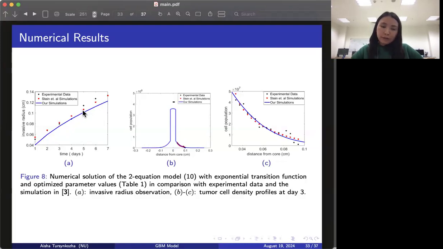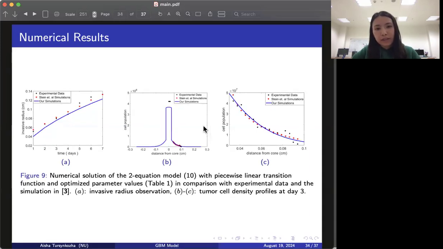As you can see, it's not really good, but for the density at day 3, if we zoom in on this part, we can see that it's fitting good. And for the second case, when we use the linear piecewise transition function, it's almost the same. The invasive radius is not fitting really well, but when we check the density profile at day 3, it's performing well.